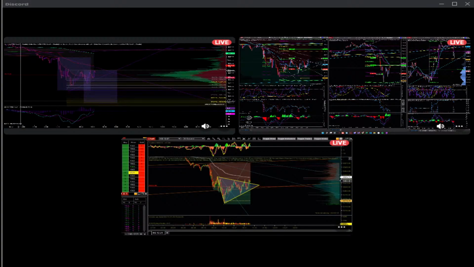Now, granted, my higher time frame has started to bend up, and so it's kind of supporting a pop here. But we've been ranging in this area for a while, and we are closing in on VWAP. VWAP's only like 7 or 8 points up from here.